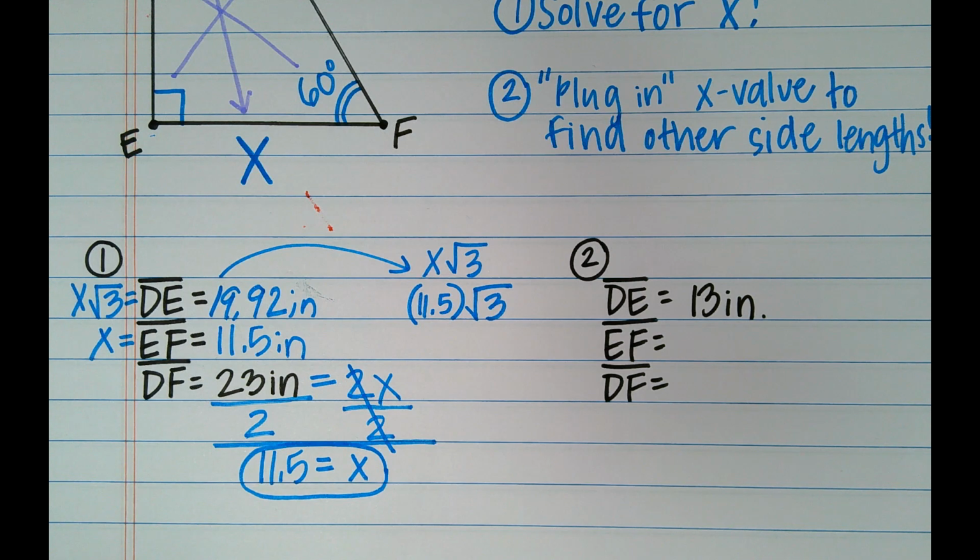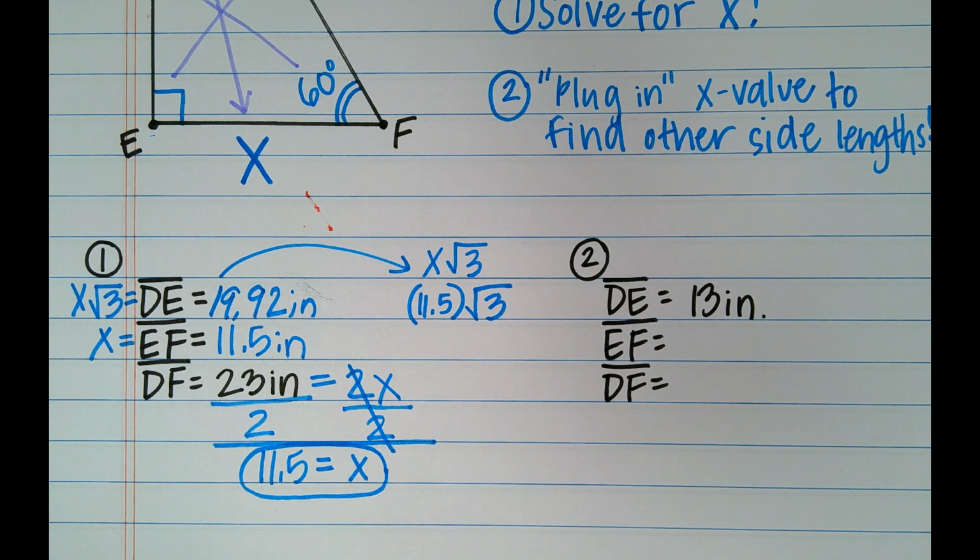So X times radical 3 equals 13, right? Because that's what we said. Go ahead and write that first. We're going to start with an equation.